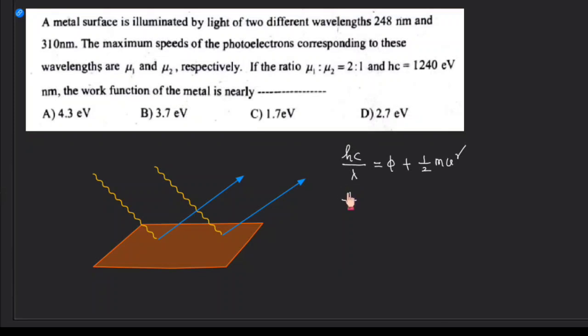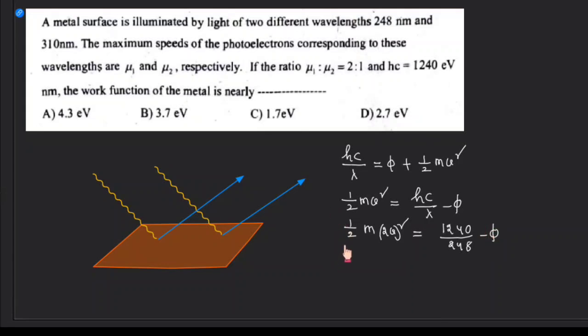Therefore half m v square is equal to hc by lambda minus phi, right? So here half m into 2v whole square will be equal to hc, which can be written as 1240 by 248, minus phi, right?